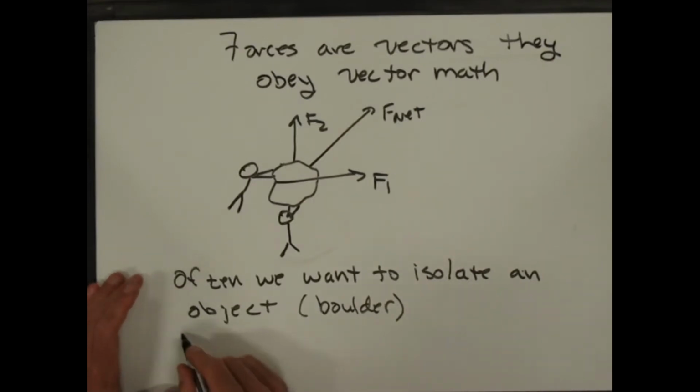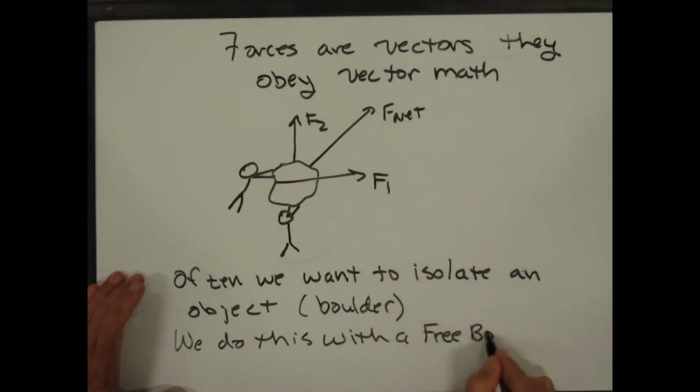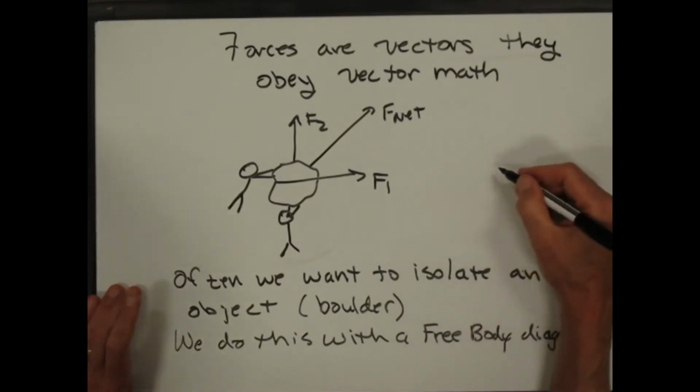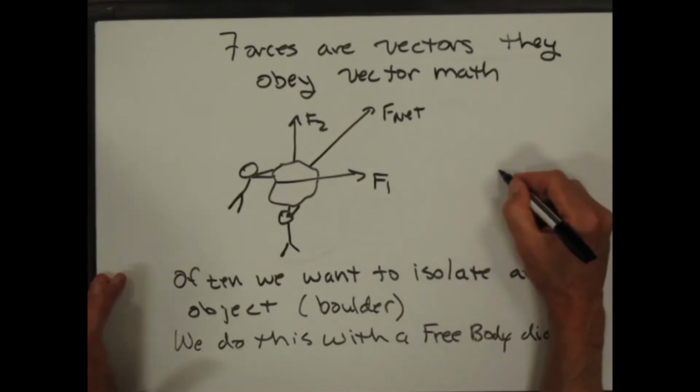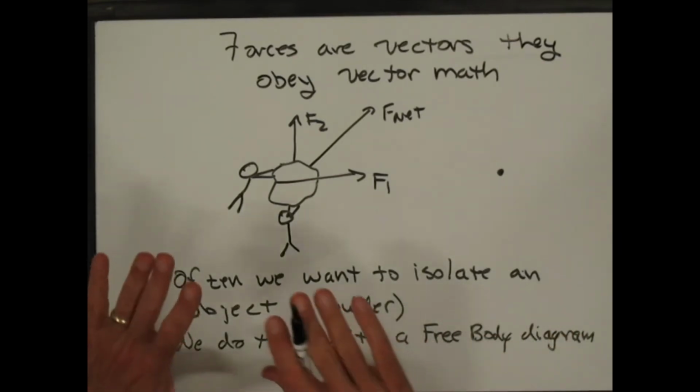And we do this with what's called a free body diagram. We'll go over this in some detail through the chapter. But if we were just interested in the boulder, in a free body diagram, that's our boulder.